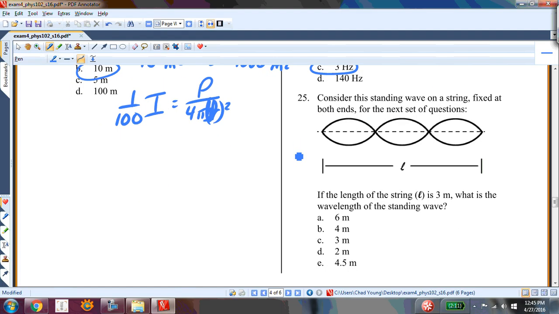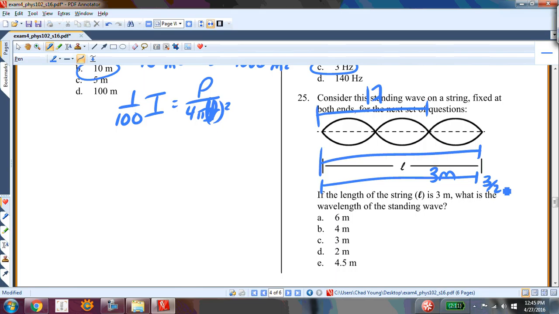Consider the standing wave on a string fixed at both ends. If the length of the string is 3 meters, what is the wavelength of the standing wave? All right, so this distance is 3 meters. But this is 1 wavelength. So in fact, this distance is 3/2 wavelengths.